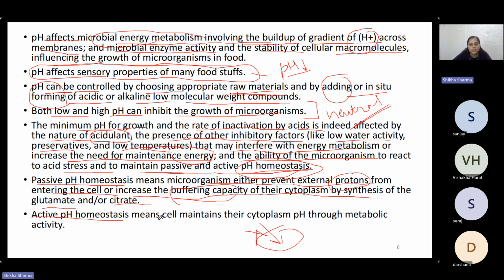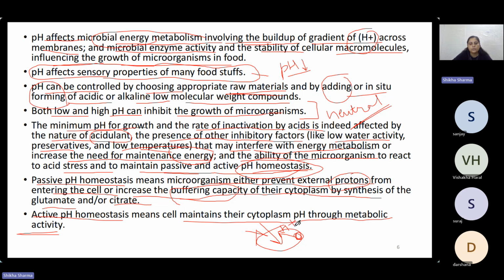Active pH homeostasis means the cell maintains its cytoplasm pH through metabolic activity. In active pH homeostasis, the cell utilizes its own material to produce compounds which react with H plus ions and neutralize them.